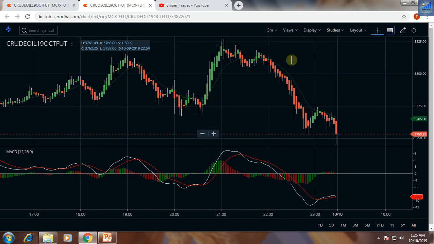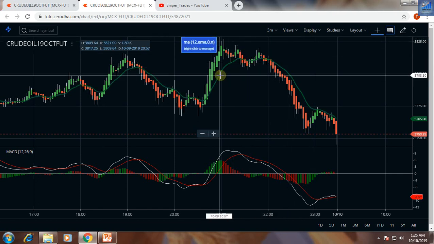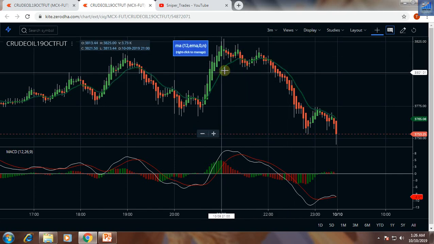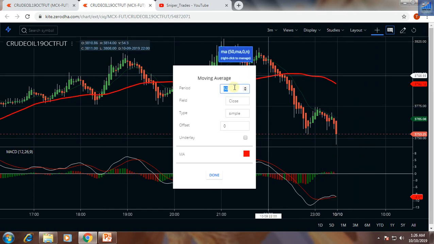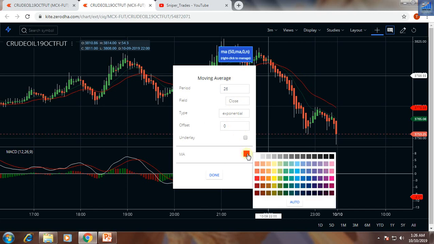This green line, the 12 period moving average, is called the faster moving average. I am going to add the slower moving average, the 26 period exponential moving average. I am typing 26, using type exponential, and setting its color to red.